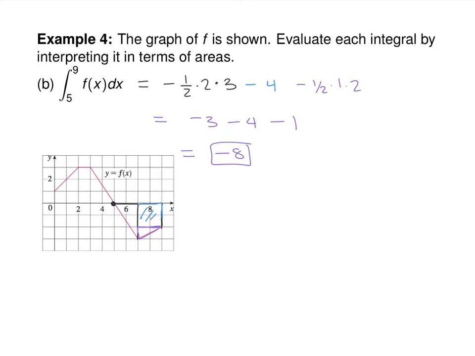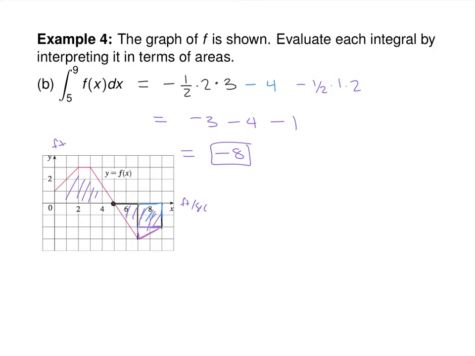Exactly, it's kind of weird, but they might have a physical interpretation. Like if this was feet per second and this was feet, this tells you the distance that you go forwards, and the negative part tells you the distance that you go backwards. So that's one reason that this negativity in the area actually matters. And that would tell you your displacement.